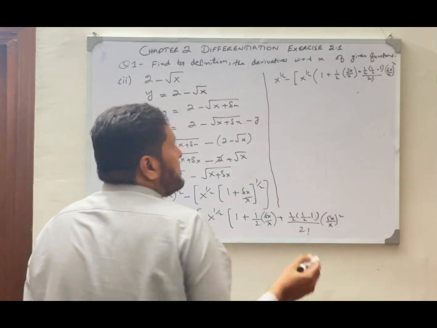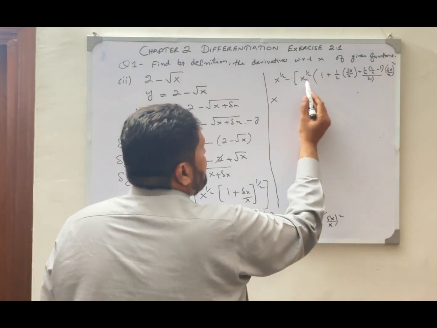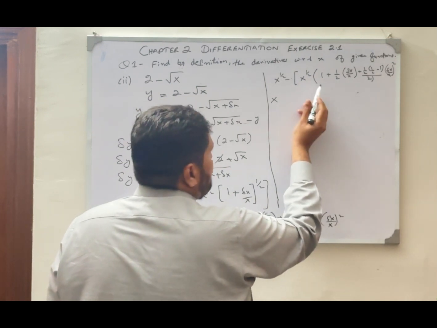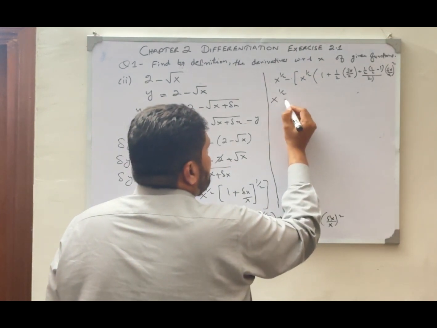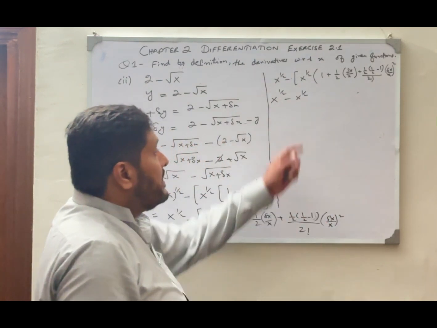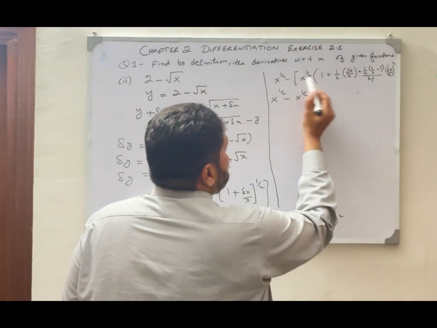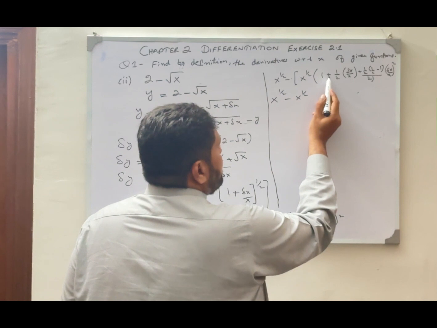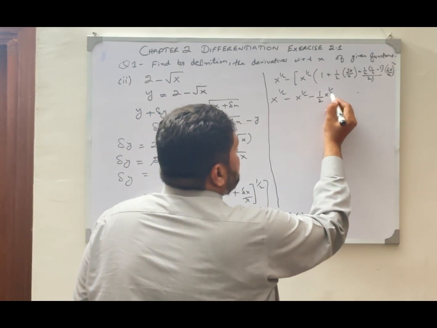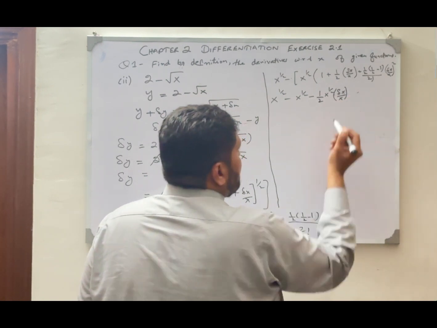So now, firstly we multiply this term with this whole term. This will become x power 1/2 minus x power 1/2 into 1, this will become x power 1/2. Plus, this minus will become again multiplying with plus, this will become minus 1/2 x power 1/2 into delta x over x, whole delta x over x.